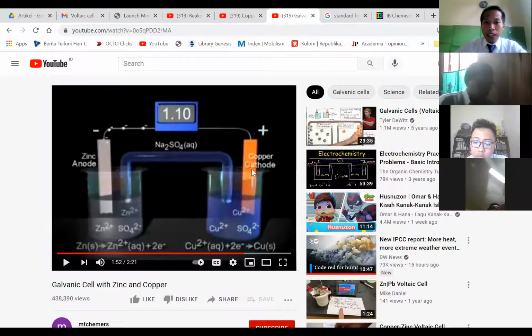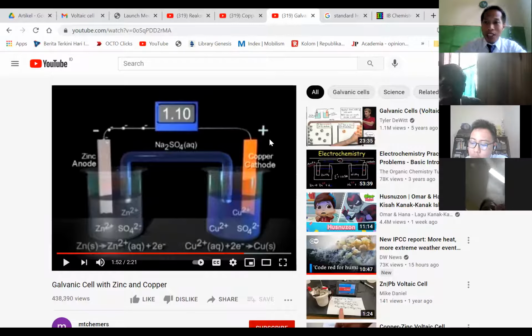What happened here? The electrons coming to this copper electrode will be captured by the copper ions in the solution, and these copper ions will be reduced. After capturing the electrons, they will be reduced into solid copper, and it will deposit here on the copper electrode. So there will be an electron movement from the negative electrode to the positive electrode.